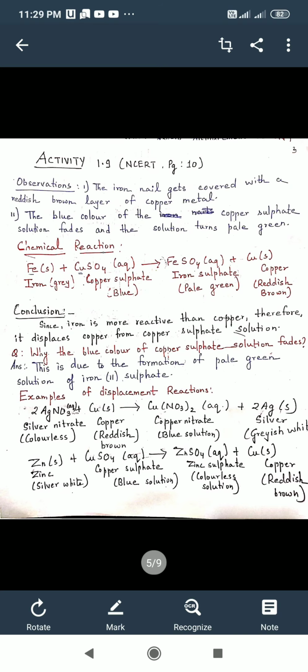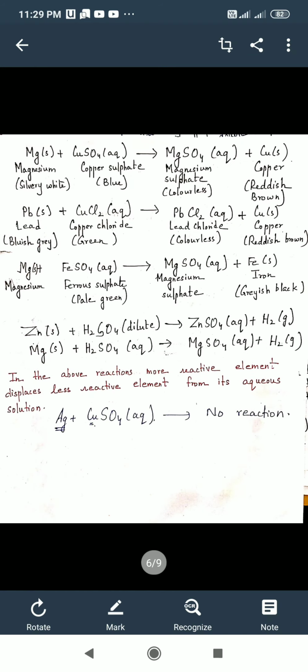Similarly, in the second reaction, when zinc is dipped in copper sulfate solution, the blue color changes to colorless. Here, zinc being more reactive than copper displaces copper from copper sulfate solution, forming colorless zinc sulfate solution. In all these examples, a more reactive element displaces a less reactive element from its aqueous solution.